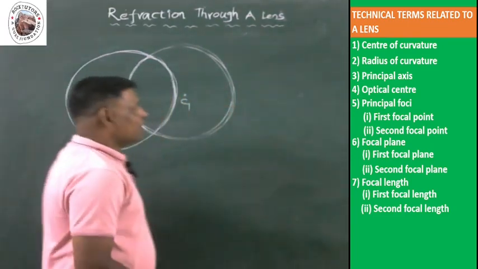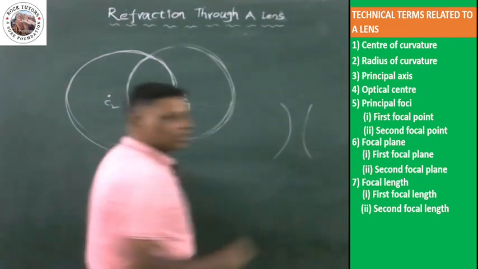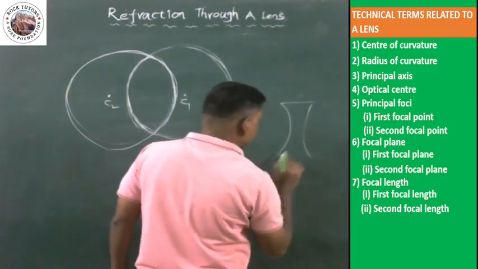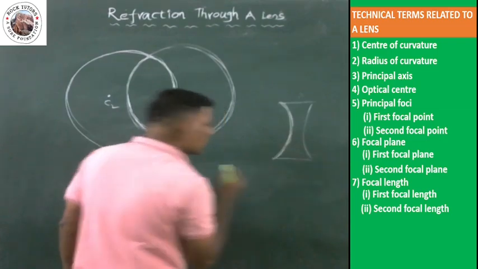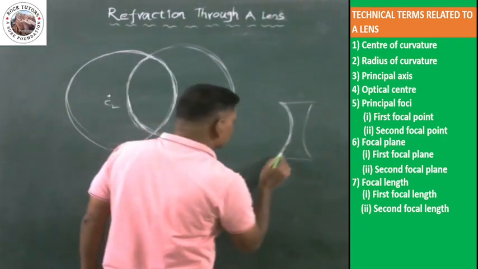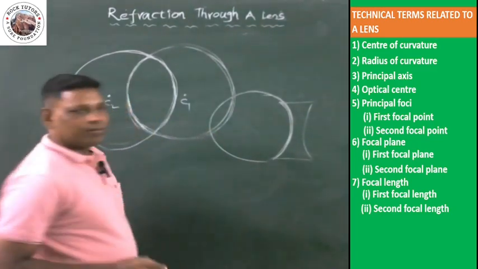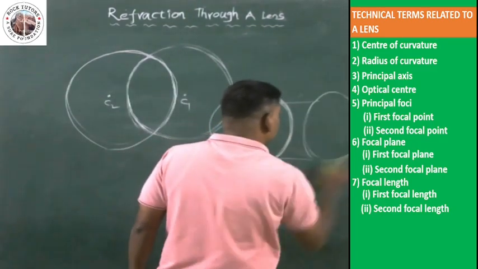And in the same way for concave also. For concave, this surface is a part of a sphere. This surface also is a part of a sphere.